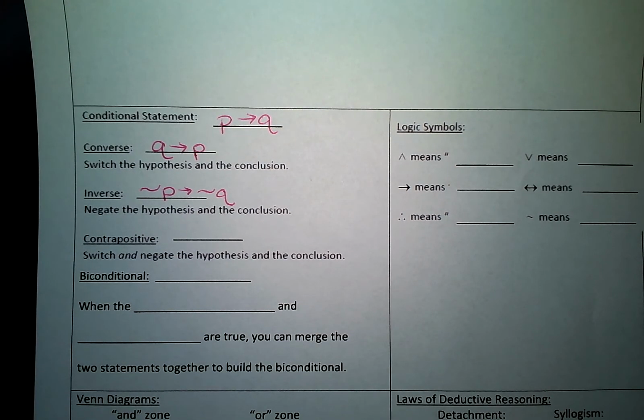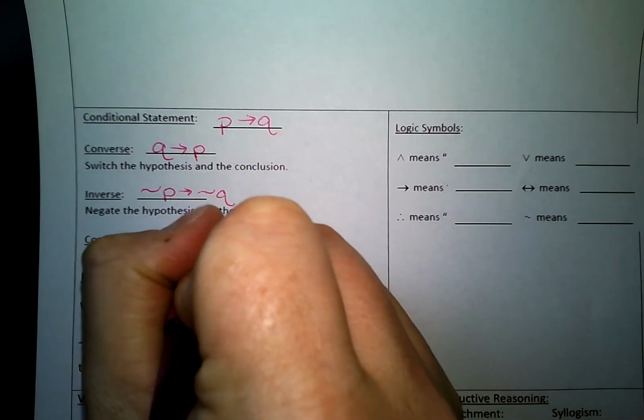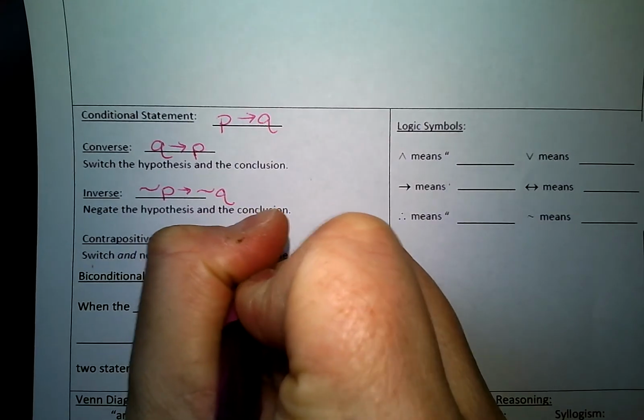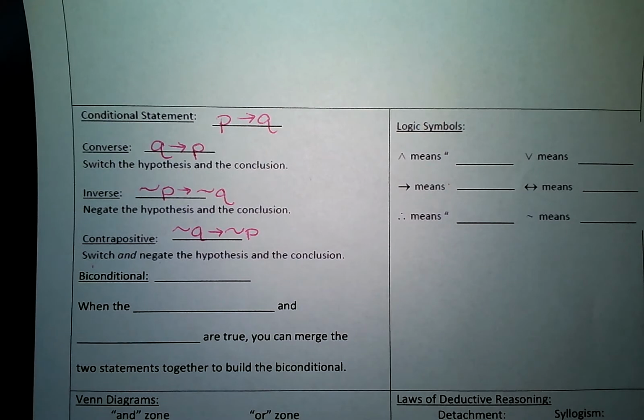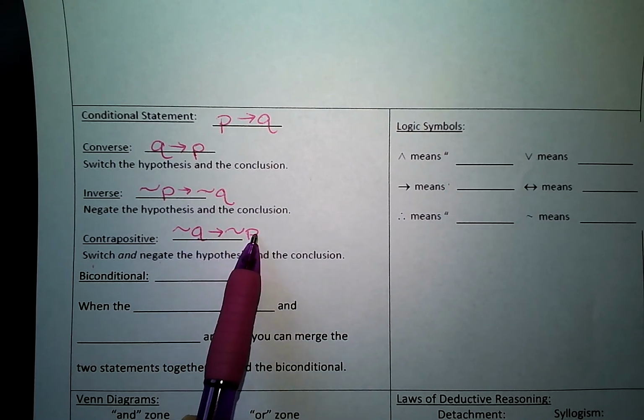The contrapositive smushes the converse and the inverse together. The contrapositive switches the order and negates the hypothesis and conclusion. The symbols would be the negation of Q to the negation of P.